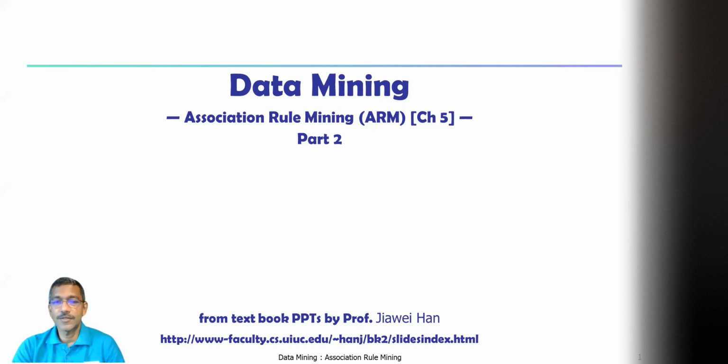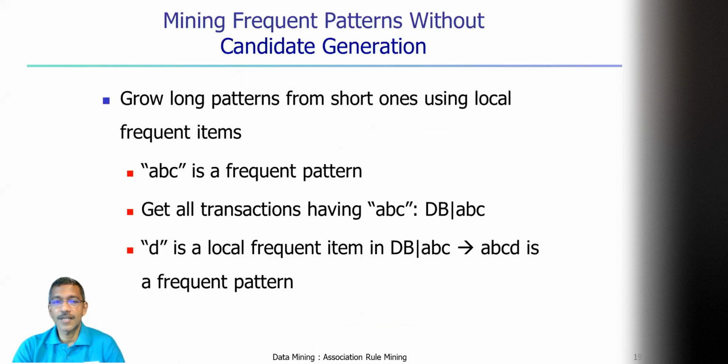Let's look at another algorithm, kind of an improvement, trying to reduce some of the problems that we have by having to scan the data set multiple times, right? So the idea is to try to mine frequent patterns without candidate generation, right?